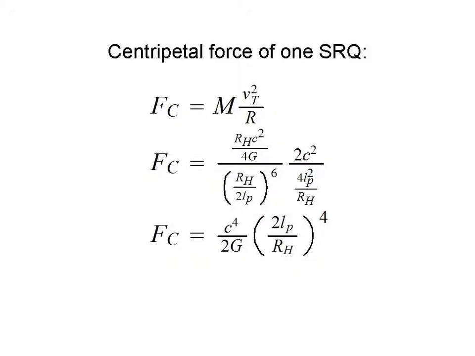Looking at the centripetal force for one small radius quantum, we take our equation, F sub c is equal to the mass of a small radius quantum times the tangential velocity squared divided by the radius of the small radius quantum. It works out to be c to the fourth over 2G times 2lp over r sub h to the 4th power.